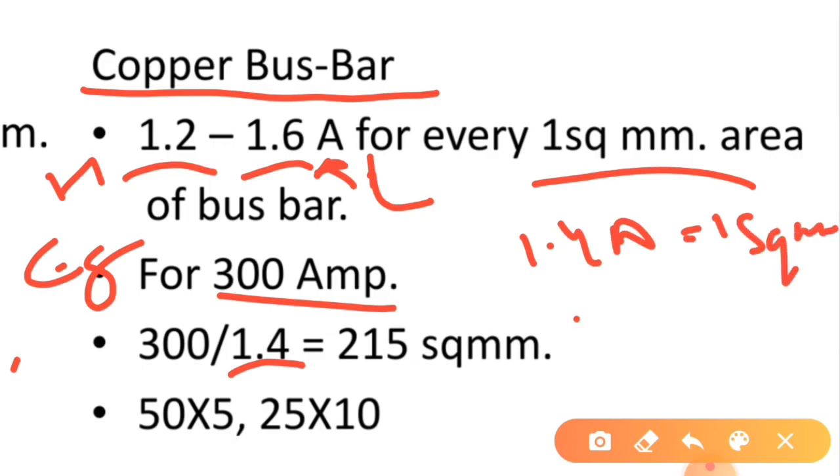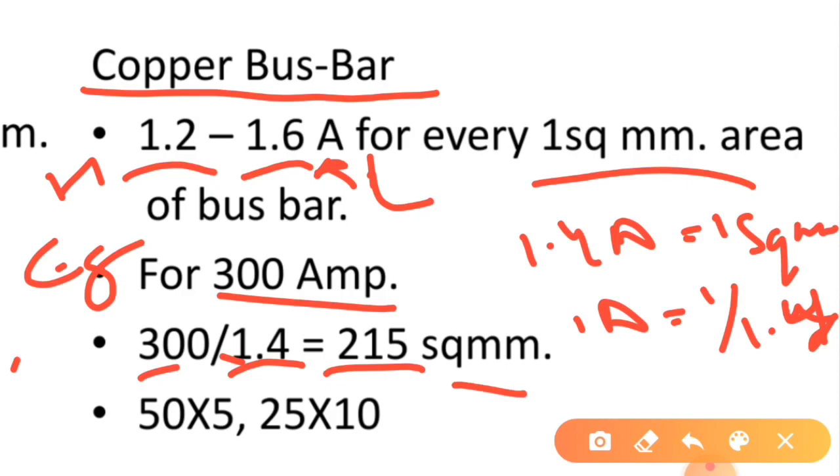Or we can say for 1 ampere we will require 1 by 1.4 square mm of busbar. So for 300 we'll do 300 multiplied by the area required for 1 ampere, that is 1 by 1.4. By calculating this we will get 215 square mm of area for copper busbar.